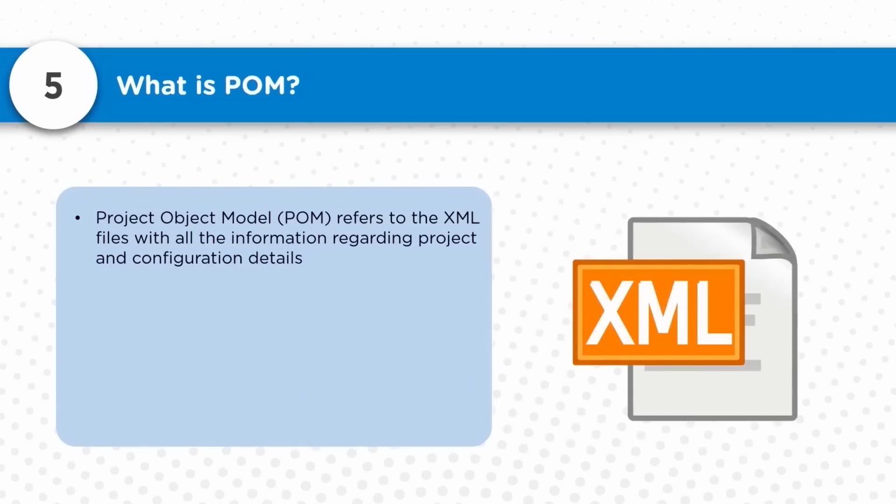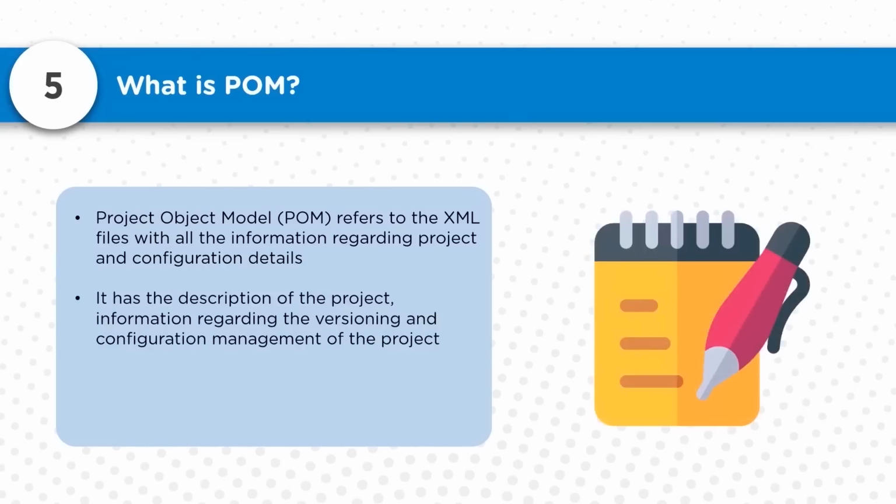Now the next thing is, what exactly is a POM file all about? A POM file is a kind of XML file which has all the information regarding the project and the configuration details. It is primarily used for how the configuration needs to be done and how the setup should be performed. So pom.xml is the build script which we prepare.